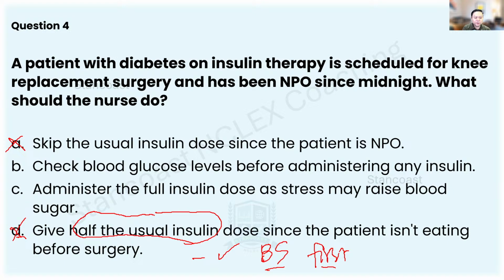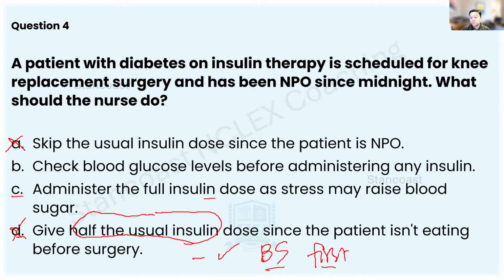If you are going to administer the full insulin dose as stress may raise the blood sugar, you're actually skipping the assessment part, which is very critical. You need to have that baseline information before administering the insulin. This can result in hypoglycemia, especially if the patient is NPO.